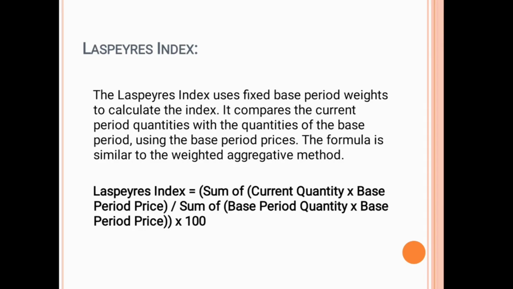Here, Laspeyres believes that we should work on the base year's quantity. So you can see in Laspeyres' formula that Laspeyres' index is equal to summation of current year's prices P1 into base year quantities Q0, divided by summation of P0 into Q0, into 100.